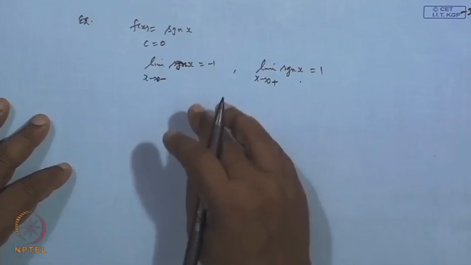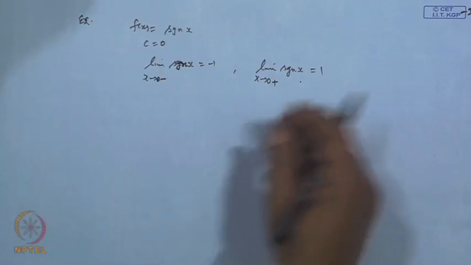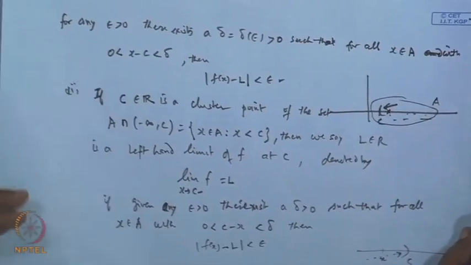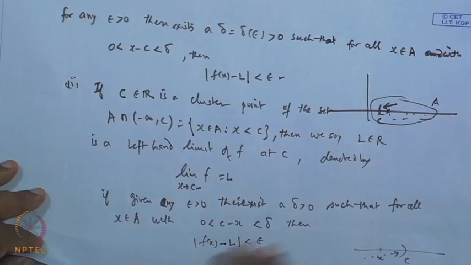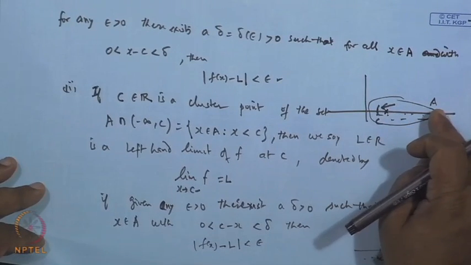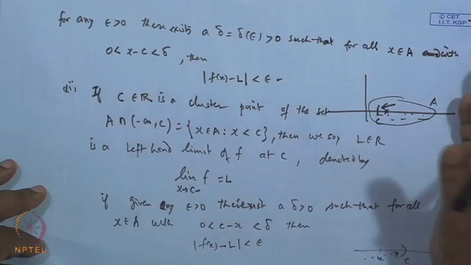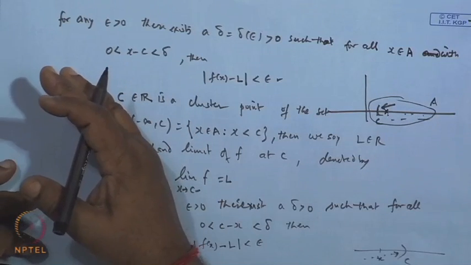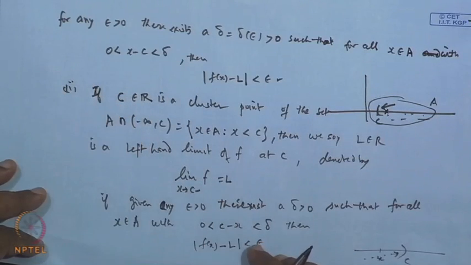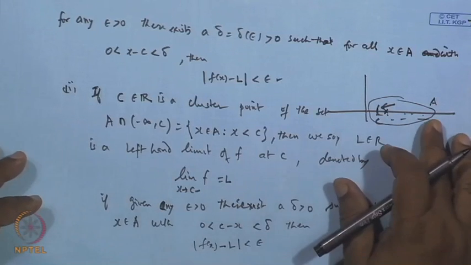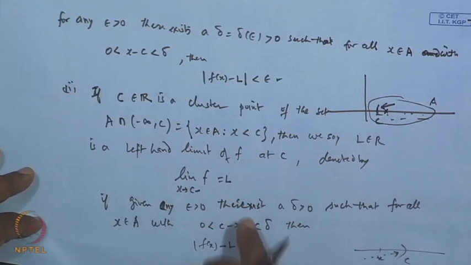Okay. Now, when we introduce the concept of the left hand or the right hand limit, we look at the set A and intersection with C to infinity for the right hand limit, or intersection with minus infinity to C for the left hand limit. And if the limit satisfies this condition, then we say the limit exists.